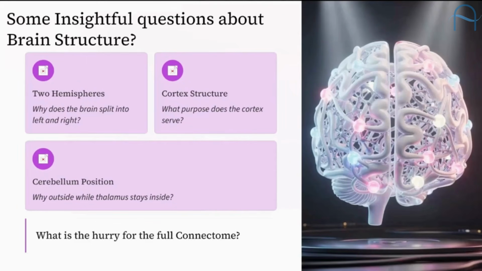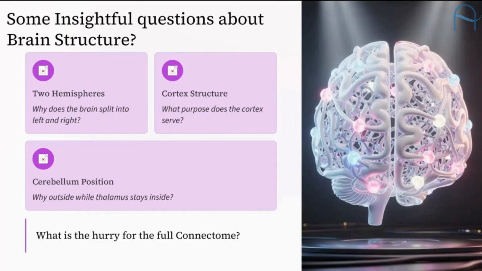But at this point, I would like to ask, okay, there's so much effort going on, so much money being invested in figuring out this connectome. How about trying to make sense out of all this connectome data? If you always want to talk in terms of underlying principles and not just be carried away by data, the kind of logical questions you can ask about the connectome is, first of all, let us try to make sense out of the overall shape of the brain.